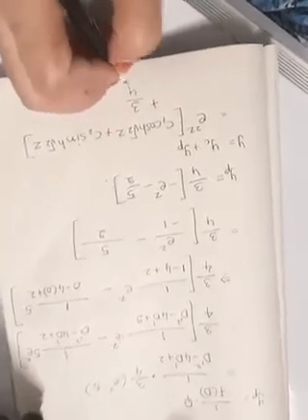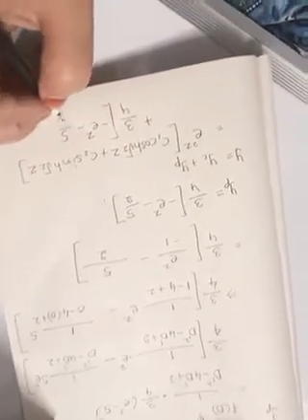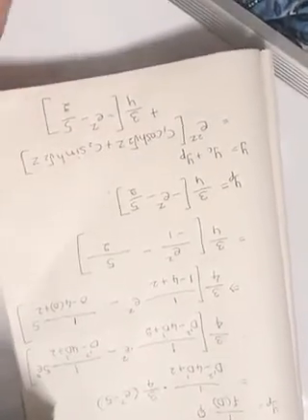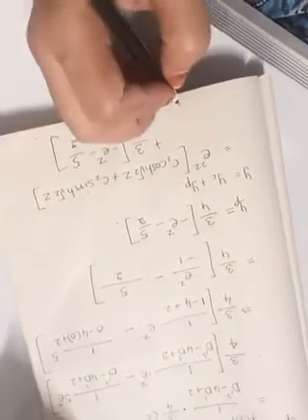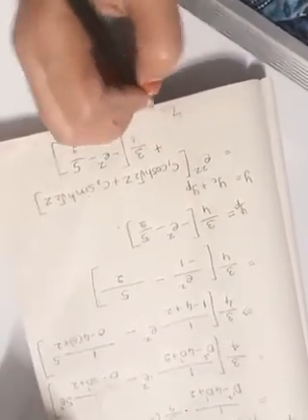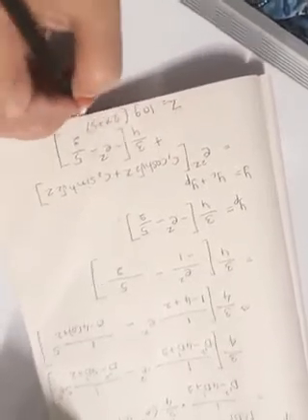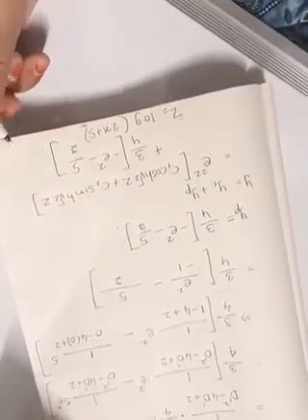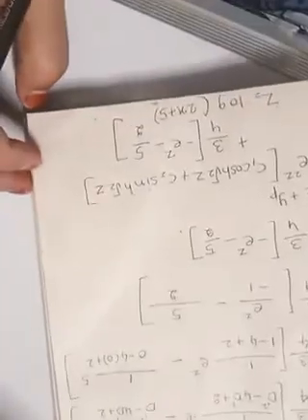Yp value is 3 by 4 into minus e to the power of z minus 5 by 2. Hence this is our general solution. And here what is our z value? Our z value is nothing but log of 2x plus 5, right? We have to substitute the z value here, log of 2x plus 5.